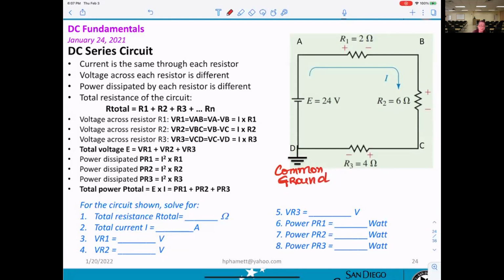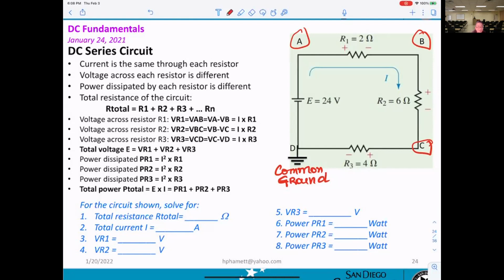That's a common point for the whole circuitry. In this circuitry, you get R1, R2, R3, three resistors, and I'm telling you, you get A here, B here, and then C and D. We don't care about those.